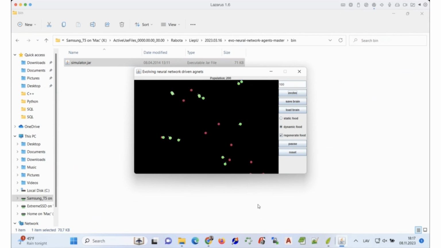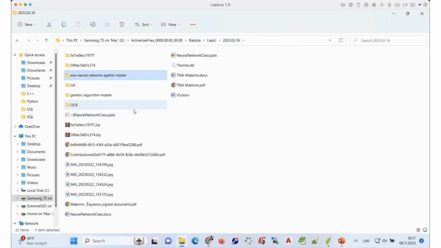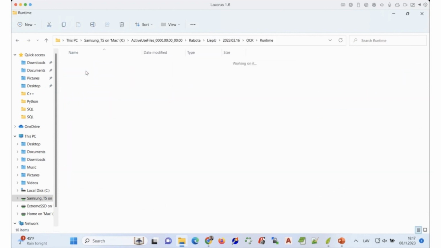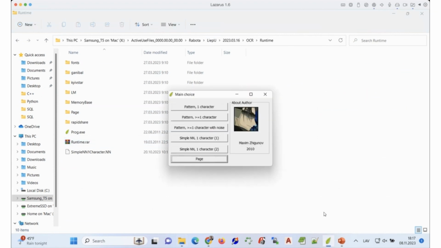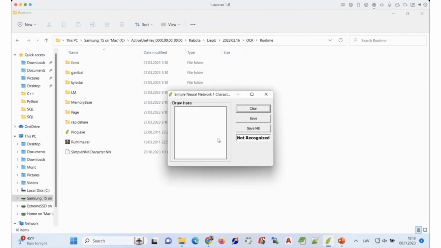Okay. Well, what else can I show you? Well, let's take a look. Then okay, maybe OCR. Okay, that's the same OCR as we had, but let's suppose we would use the neural network for the character recognition. Then again we can just draw something, and the neural network can approximately determine which character is being written.